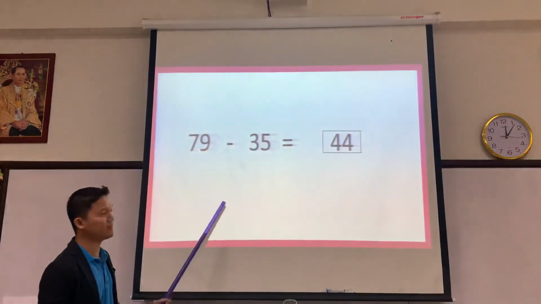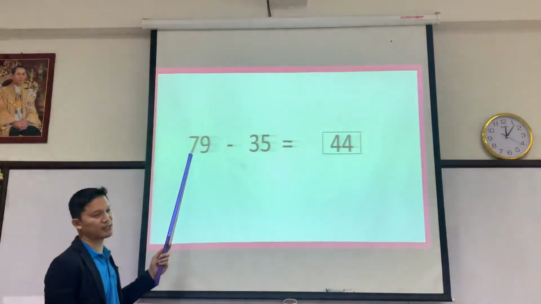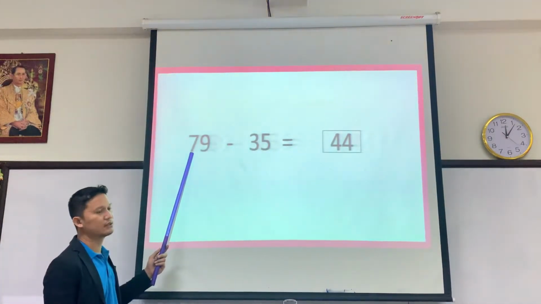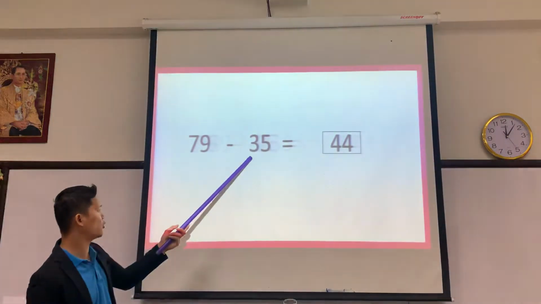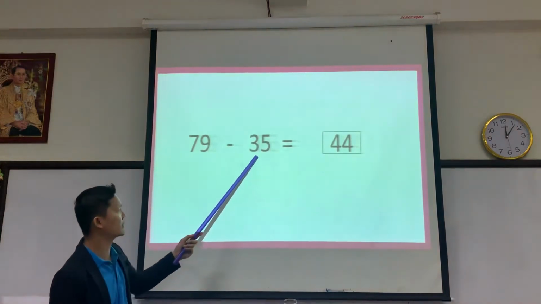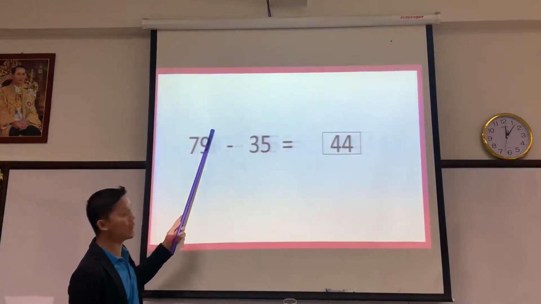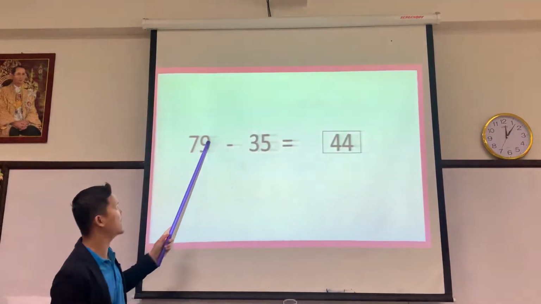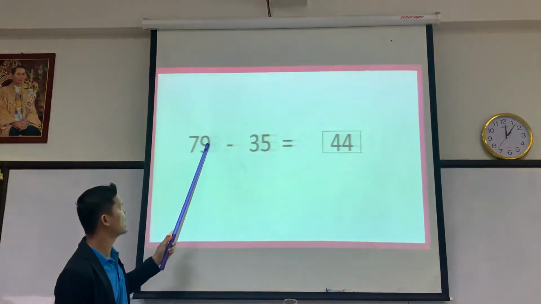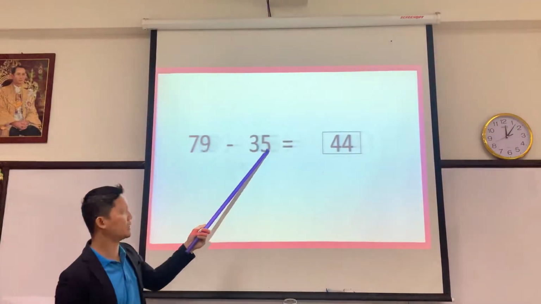Okay, this one. We have the number 79, which is our minuend. Then our subtrahend is 35. So now we subtract the ones place of the number. 9 minus 5, how much?